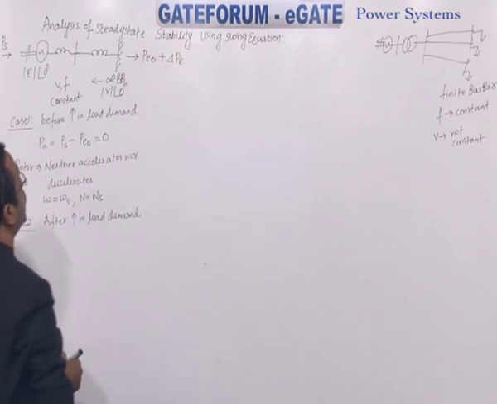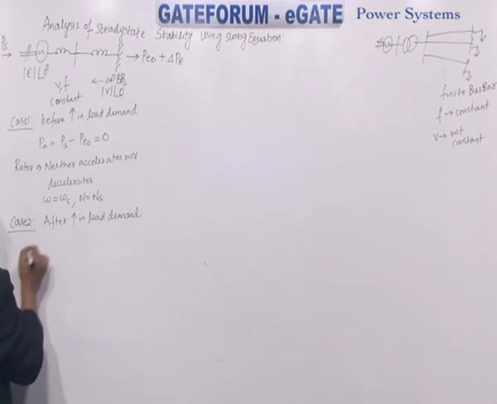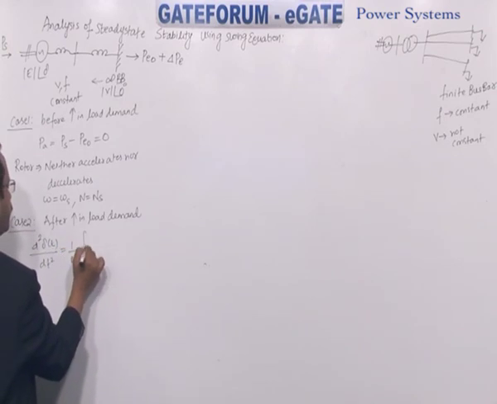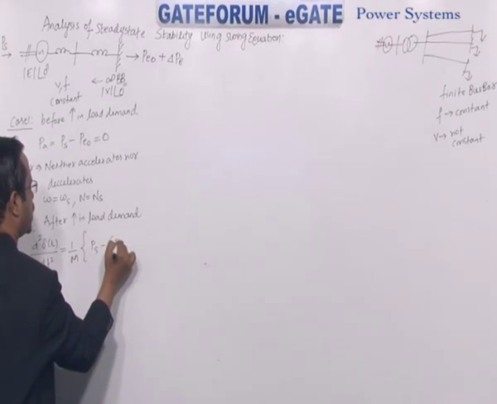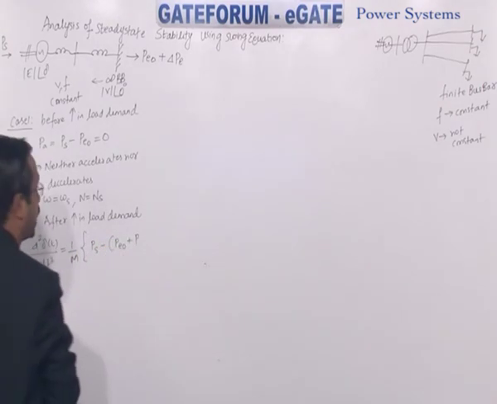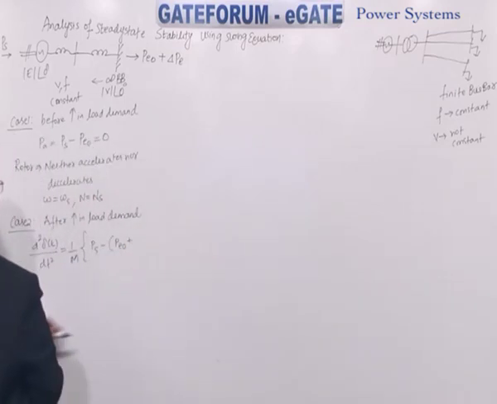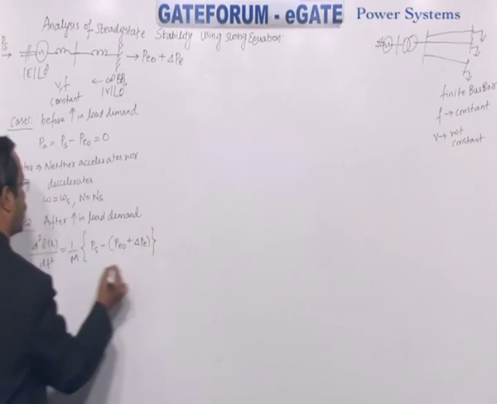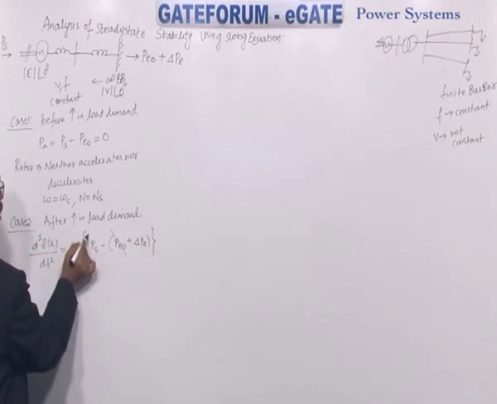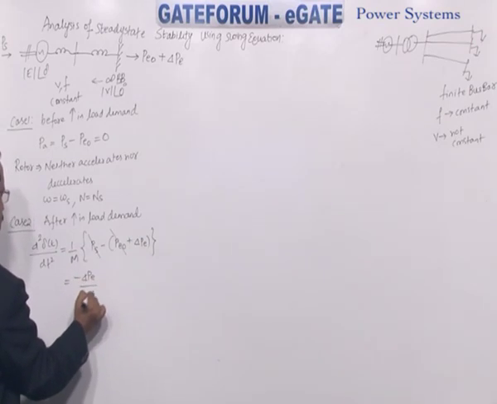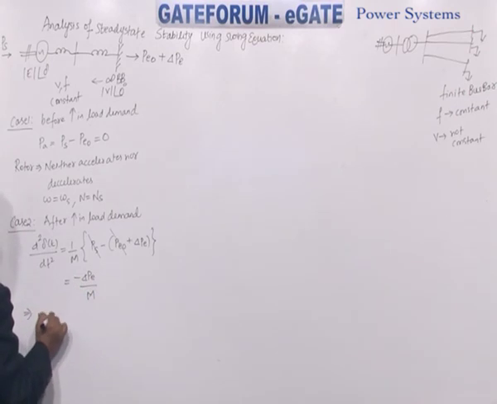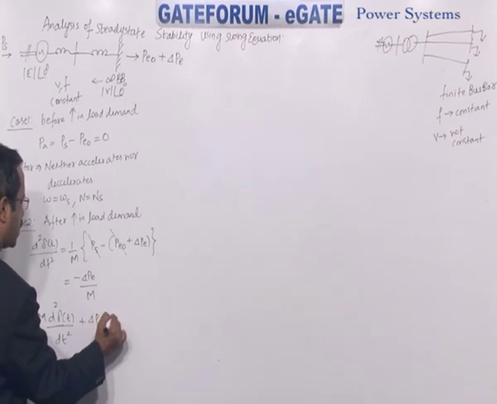Assume that it is delta P. Now we apply the swing equation. d square delta by dt square is 1 by M times Ps minus the earlier Pe naught, now further added, delta P. On simplifying, these two terms are equal, and you get minus delta Pe by M. So M d square delta by dt square plus delta Pe is 0.